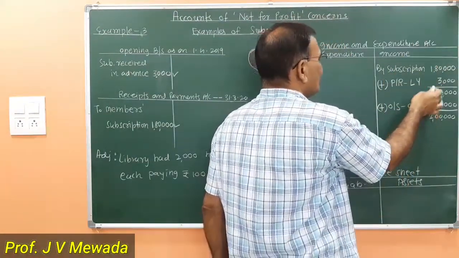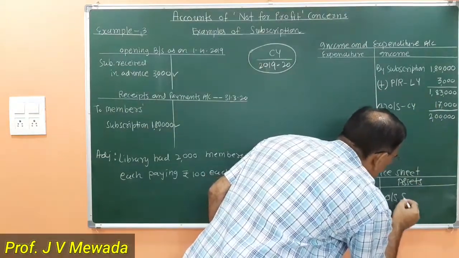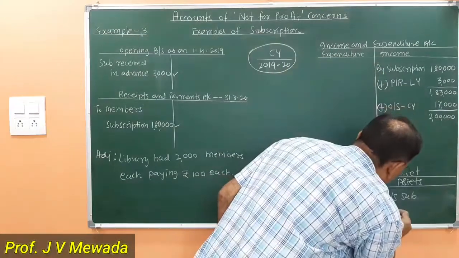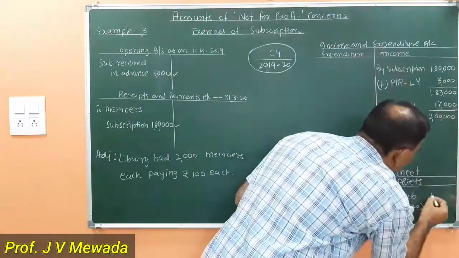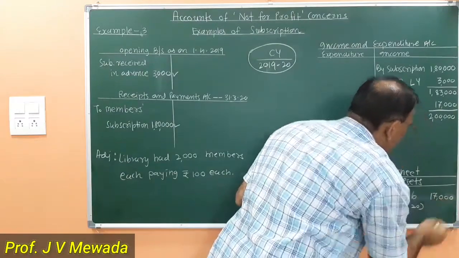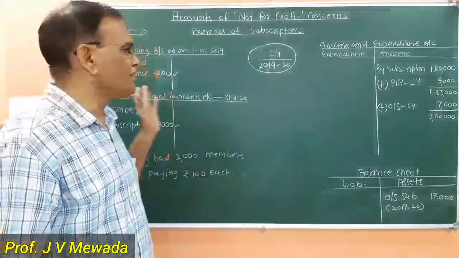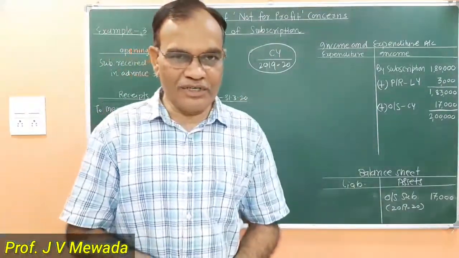Outstanding of the current year, one effect is here. So second is outstanding subscription. Our year is 2019-20, that is 17,000. So these are the effects. So if you are given a problem like this, then these are the treatments in example number 3.